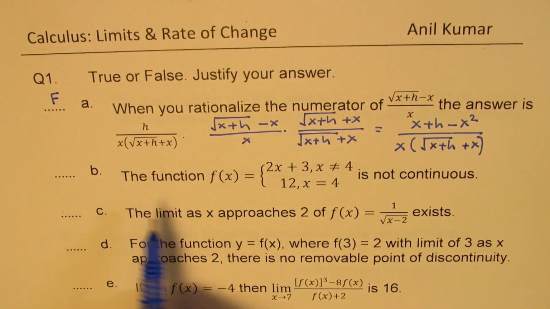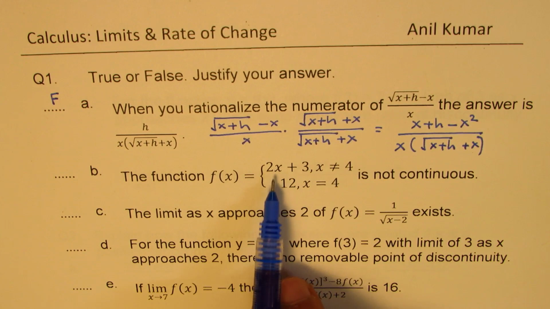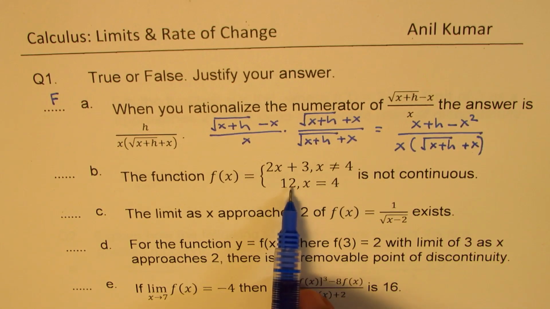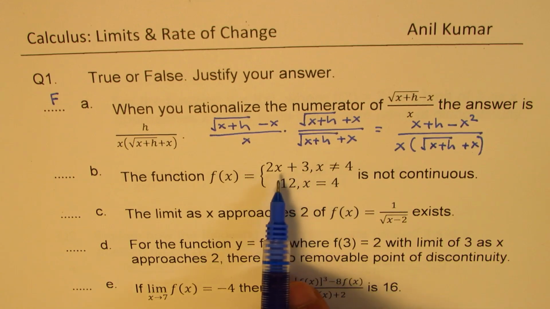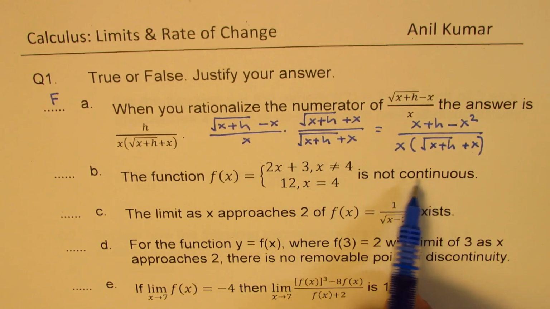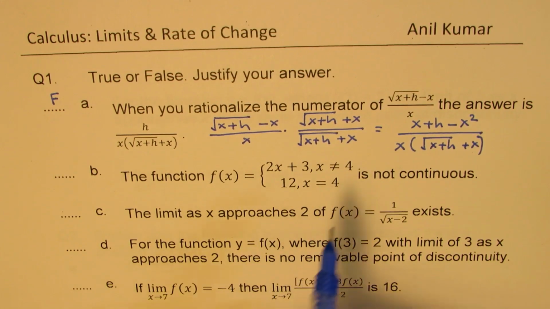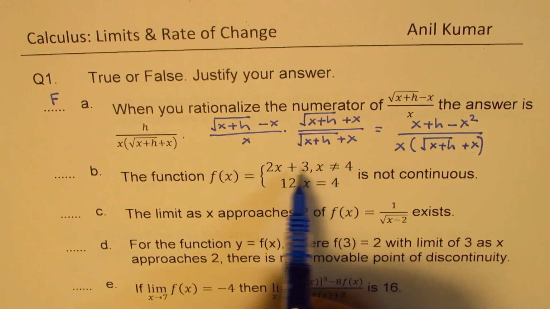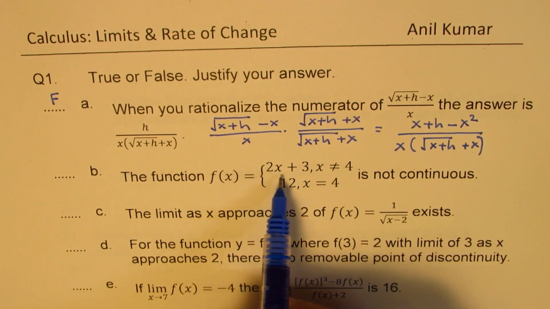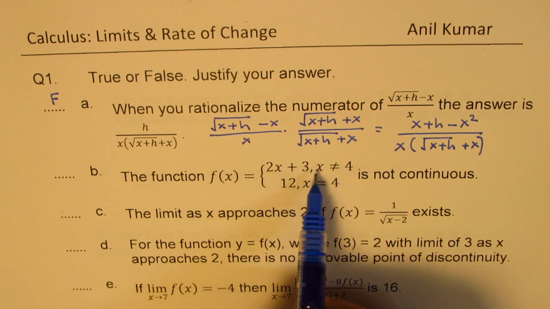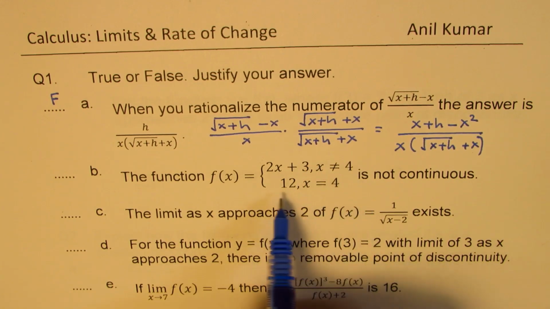Next. The function f of x is a piecewise function. At x equals 4, the value is 12, but when it is not 4, it is a linear function, 2x plus 3. Is it continuous or not? That we need to figure out. So why don't we just substitute 4 here and figure out whether the value at x equals 4 is 12 or not.